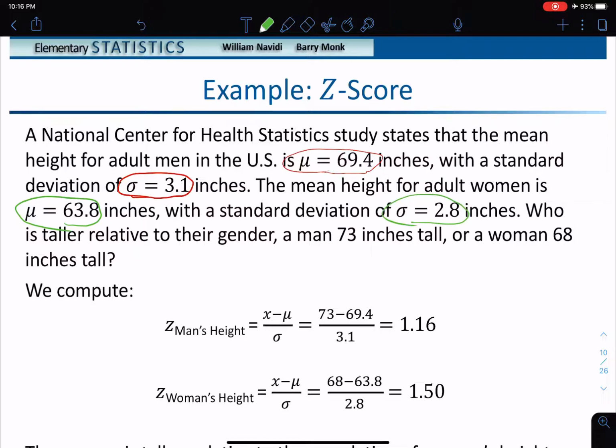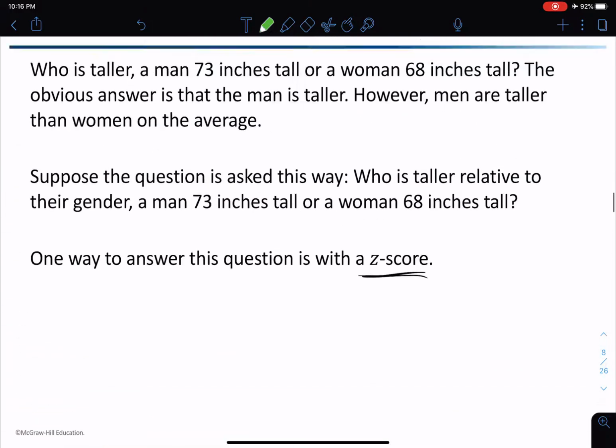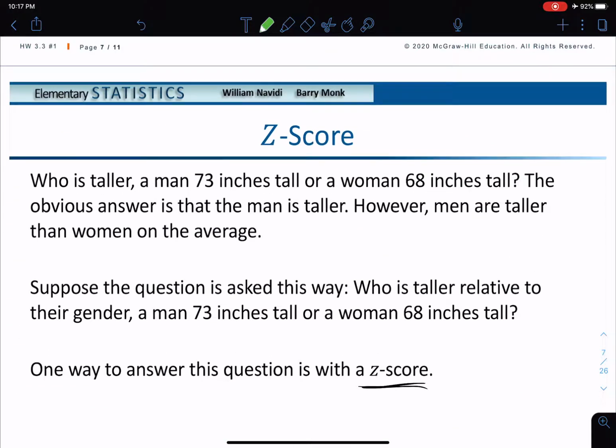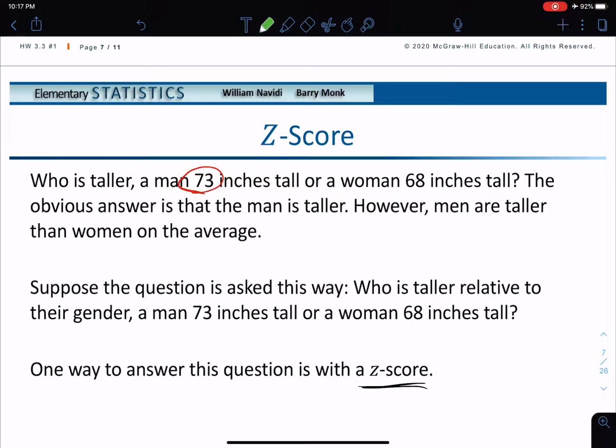So now by looking at the z-scores, it's looking at those scores relative to their own gender. And so you can see, how does this work? Well, back in the original problem, the man had a height of 73 inches and the woman had a height of 68 inches.